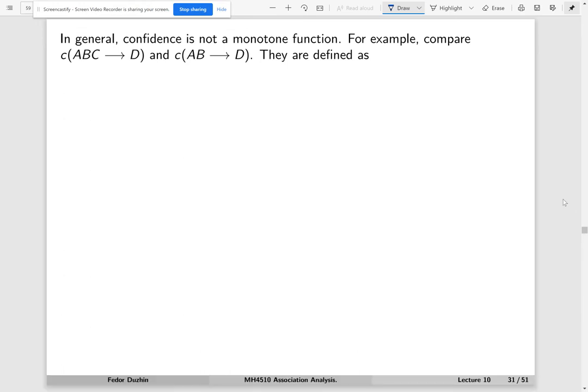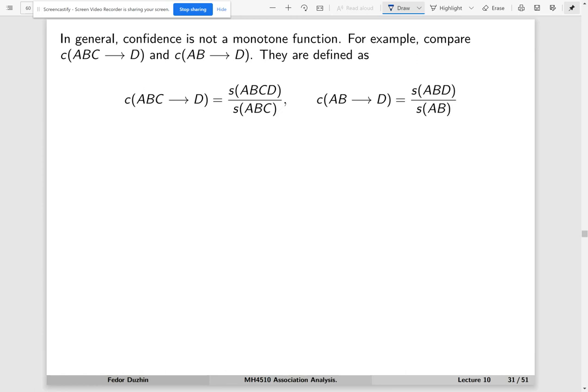For example, if we compare the confidences of these two rules, A, B, C implies D and A, B implies D, notice that the difference is that I just added C on the left-hand side. They're not really related.